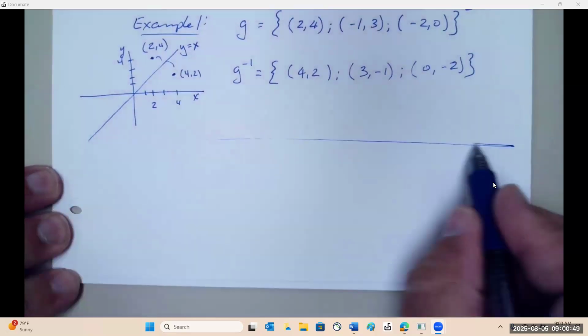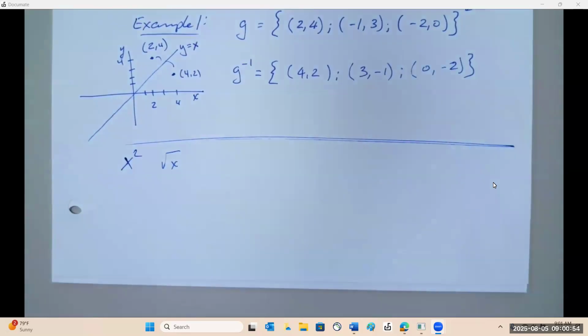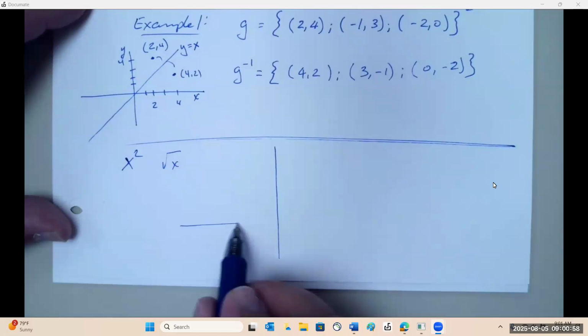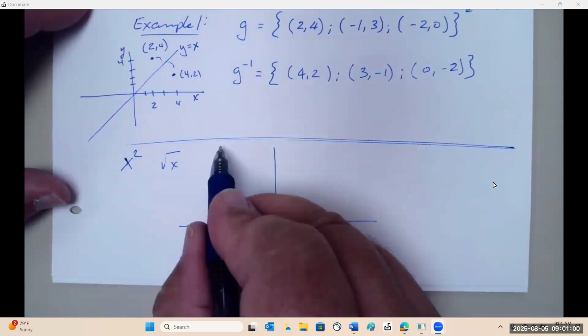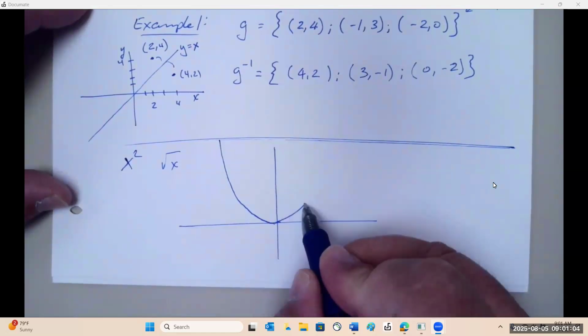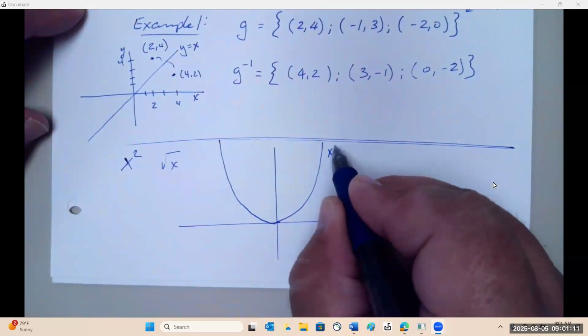Even if you think of that, remember I told you x squared and square root of x are inverses of each other. What function is that? X squared.